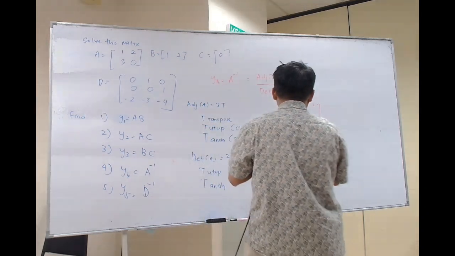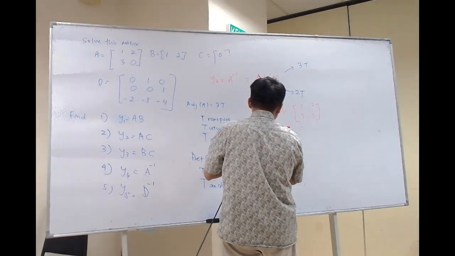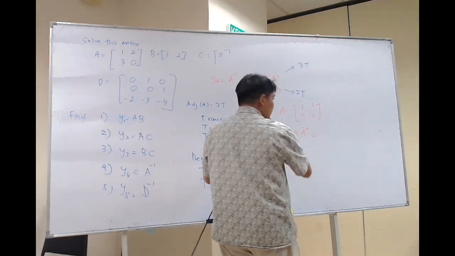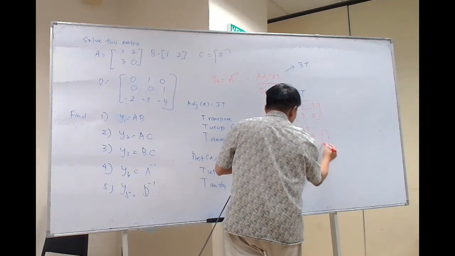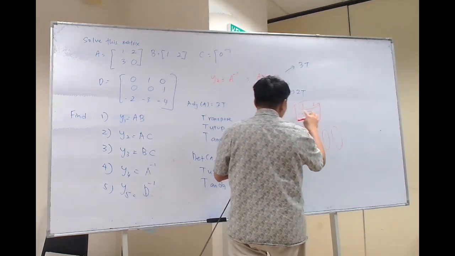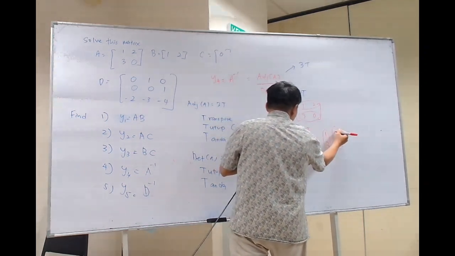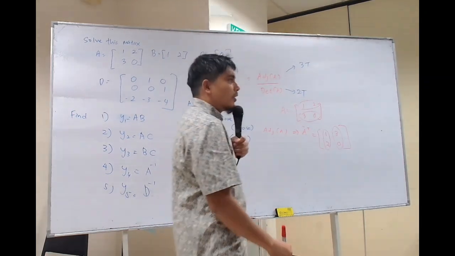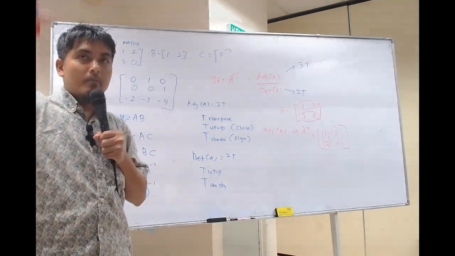So to find the adjoint A, firstly you need to find the A transpose, the first T. So the first row becomes the first column, the second row becomes the second column. So this one will be 1, 2, this one. This is transpose.